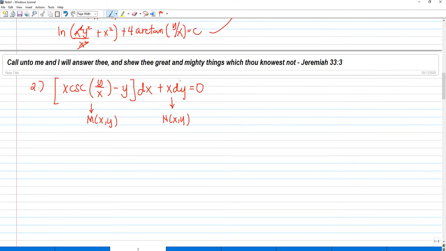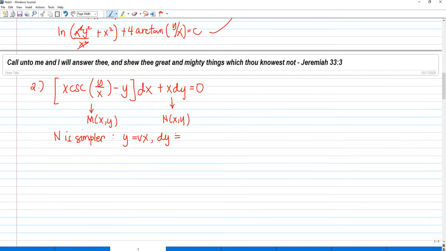Even though it has no y term, we still have to consider this as our N. So what is simpler? N is simpler. So we have to use the substitution again, y equals vx.